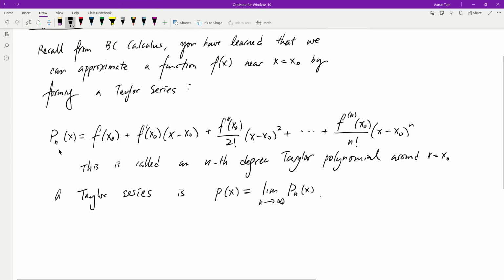So that's the formula for Taylor polynomials to nth degree, and if we allow this process to go on indefinitely, we will have what we call a Taylor series.